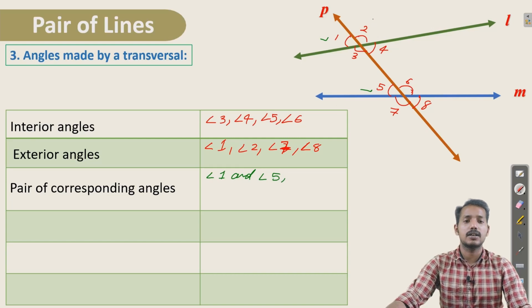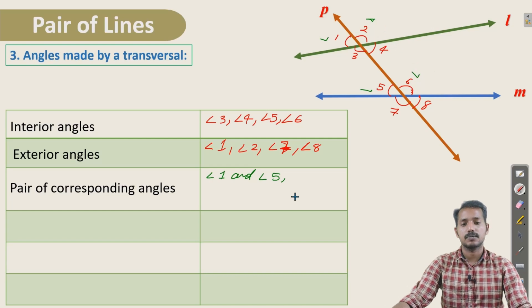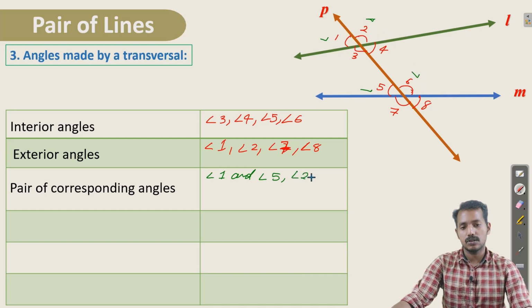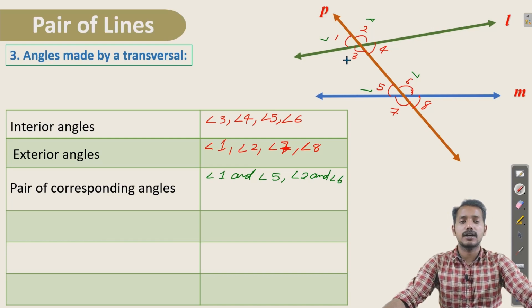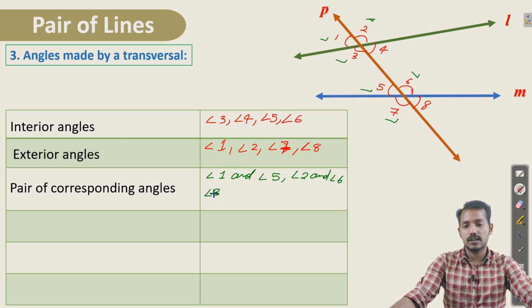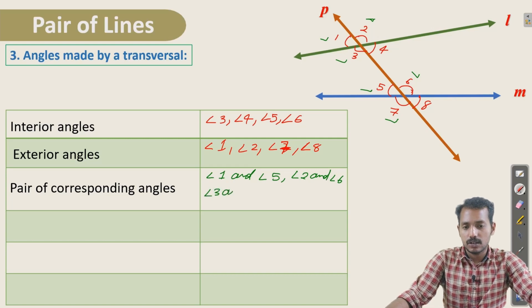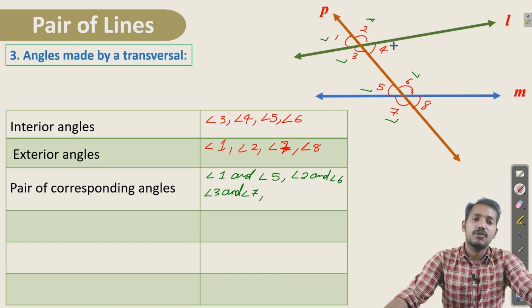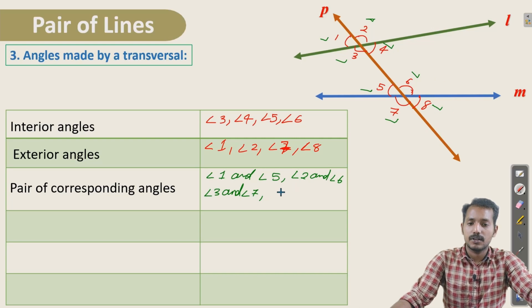Second pair is angle 2 and angle 6. Third pair of corresponding angles is angle 3 and angle 7. Similarly, the fourth pair is angle 4 and angle 8.